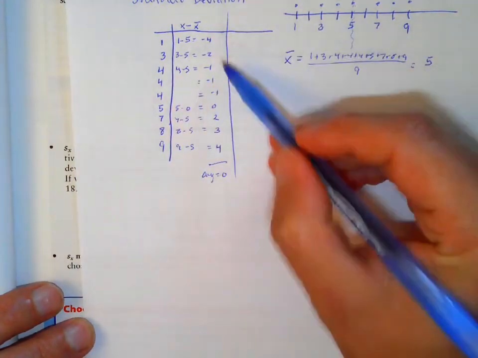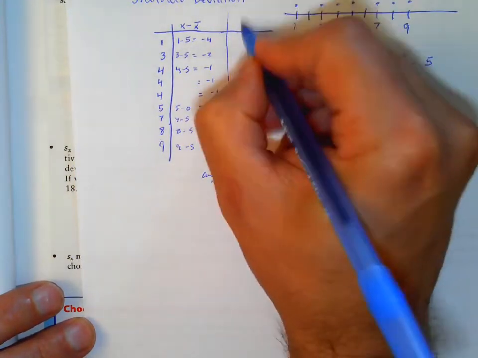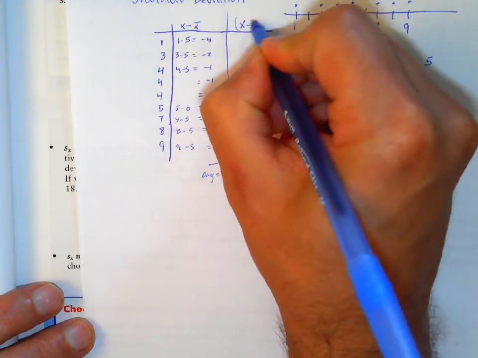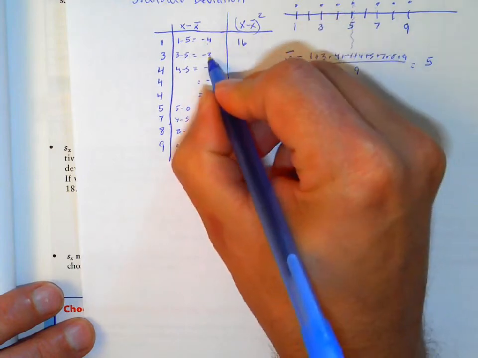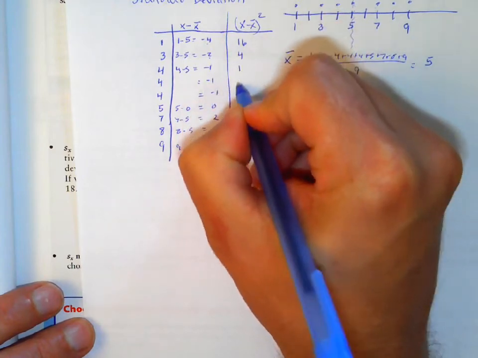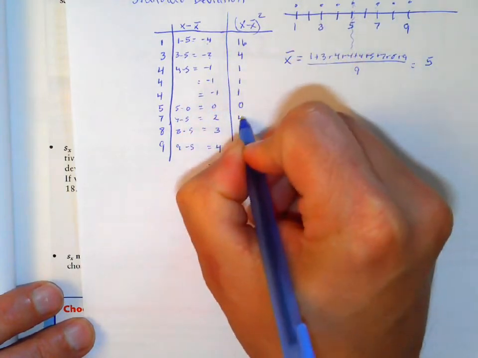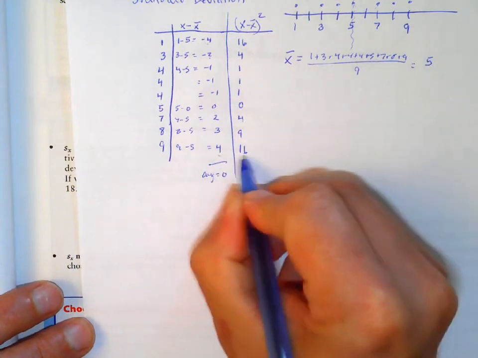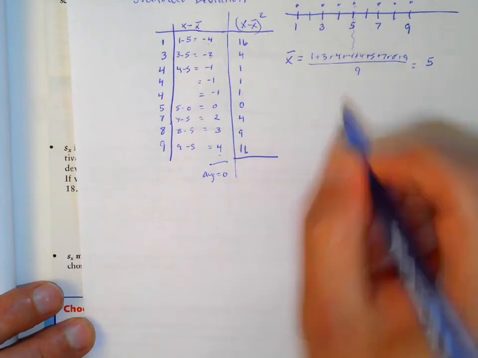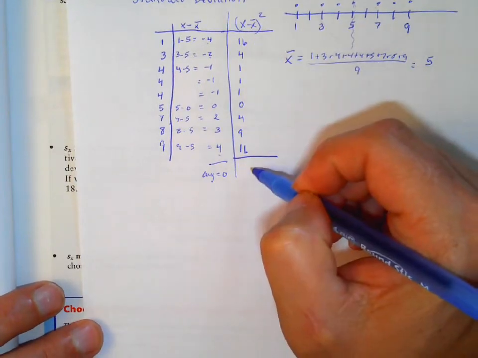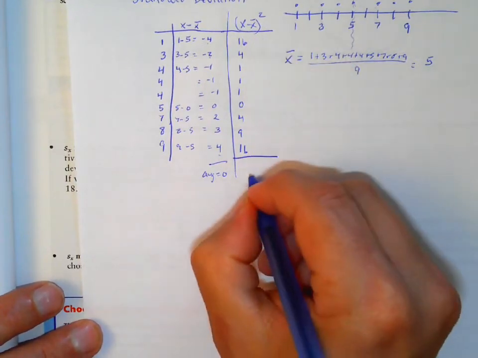So what we do is square these differences. Negative 4 squared is 16, 4, 1, 1, 1, 0, 4, 9, and 4 squared is 16. After you square them, you add these together. That comes up to be 52.